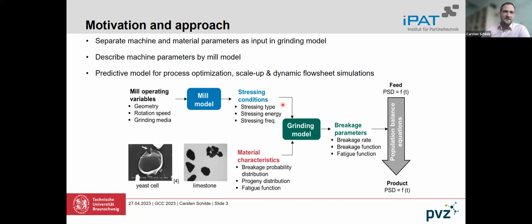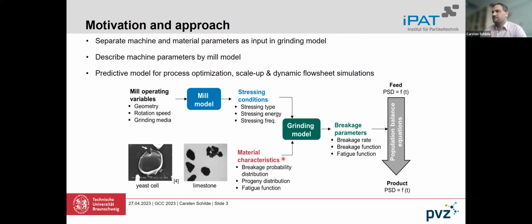On the other side, we have our product model, our material model, which could be limestone or a mineral, but could be also a yeast cell. And the yeast cell and limestone or other minerals have typically totally different material characteristics, which can be described, for example, by a breakage energy distribution or probability distribution, or a progeny distribution, or also a fatigue distribution.